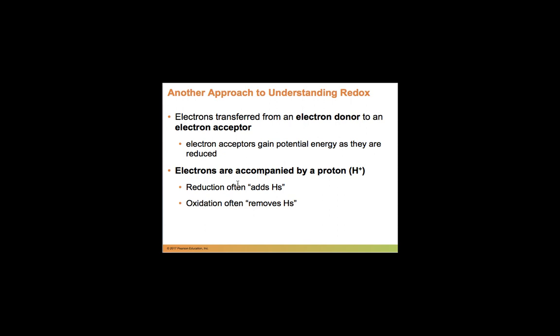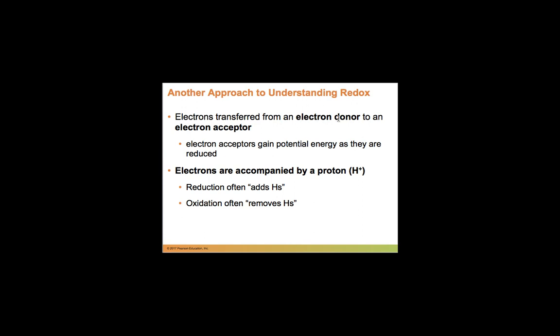So when we lose electrons, your electrons are going to get transferred from an electron donor to an electron acceptor. Your electron donor is getting rid of electrons. It's losing electrons. So your electron donor will get oxidized. Your electron acceptor will grab onto these electrons and therefore become reduced.